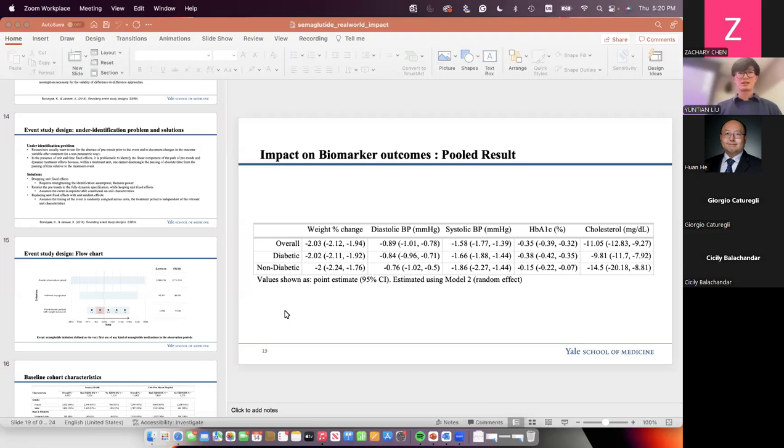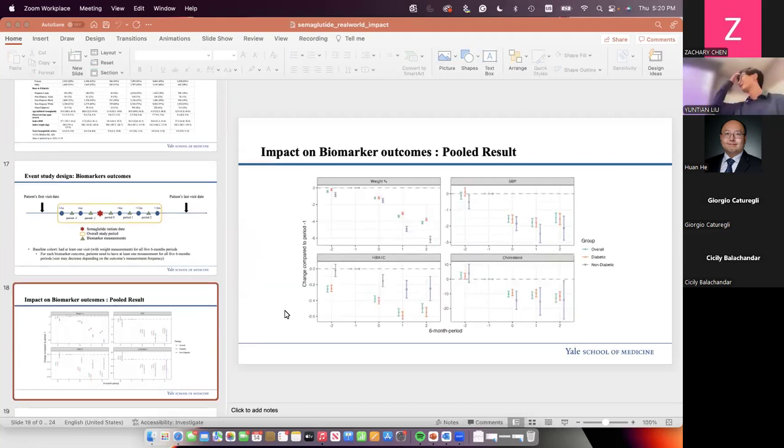It's not showing on the screen, but anyway, I don't know if you remember the flow chart of the cohort selection. We first define the observational period, and then for each patient we define the first visit and the last visit in that observational period.